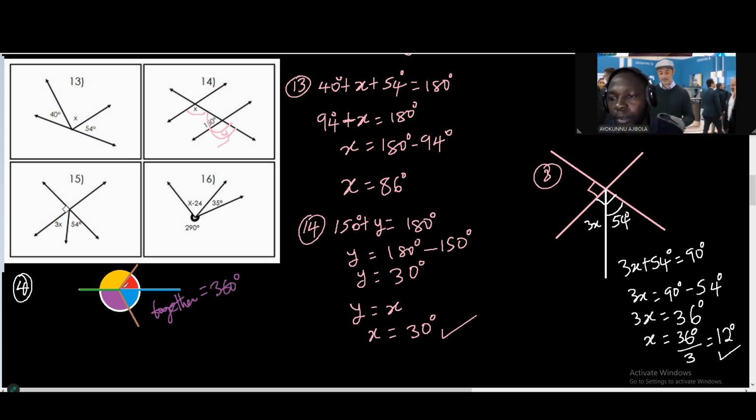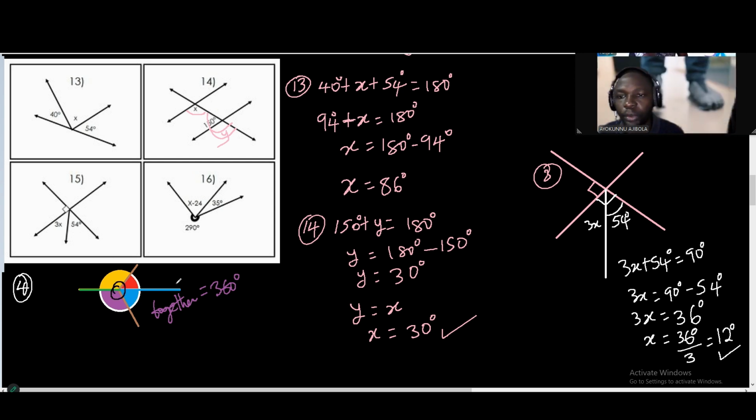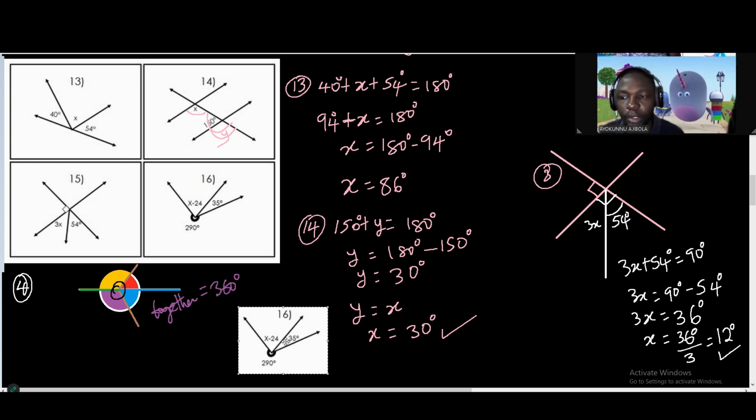So angles at a point, since they meet at a point, sum to 360. Is that clear? So whatever each one is, we can add everything together to get 360. For this fourth question, we can just say all of them added together.